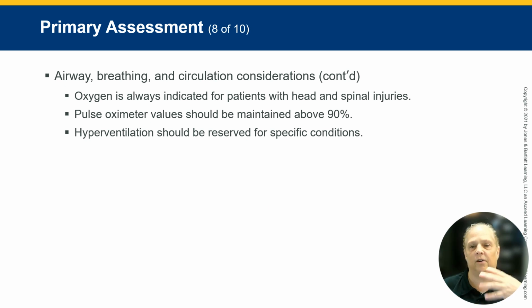We generally aren't going to hyperventilate a patient unless it is for a very specific condition, and that would be determined by your protocols. You really don't want your patient to be below 95% when we are looking at our pulse ox.